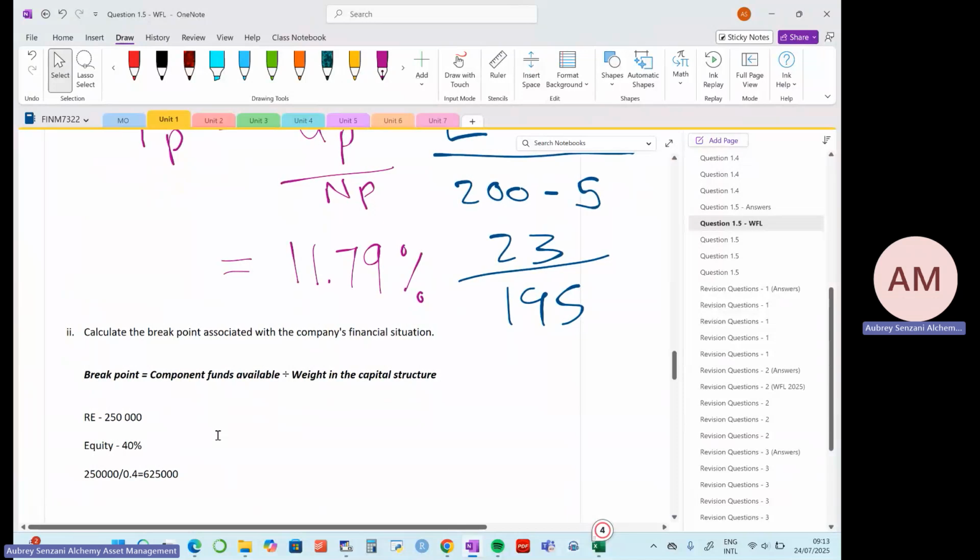And this basically tells us that our WACC is going to change for every additional rand of capital raised past 625,000.